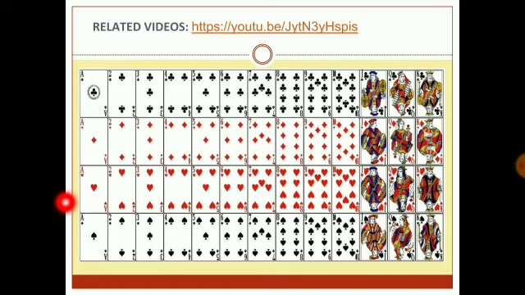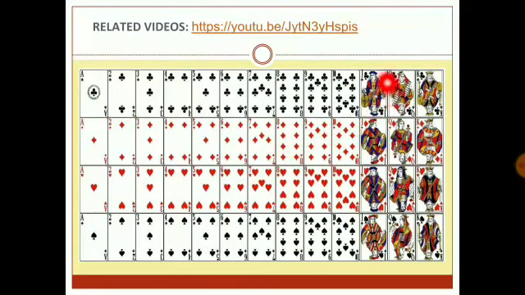Exactly the same way, we have 4 twos, one of clubs, one of diamonds, one of hearts, and last one of spades. Exactly in the same way, we have 4 cards each of ace, 2, 3, 4, 5, 6, 7, 8, 9, 10 of clubs, diamonds, hearts, and spades.